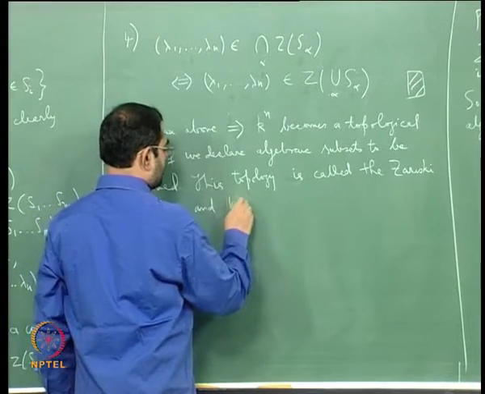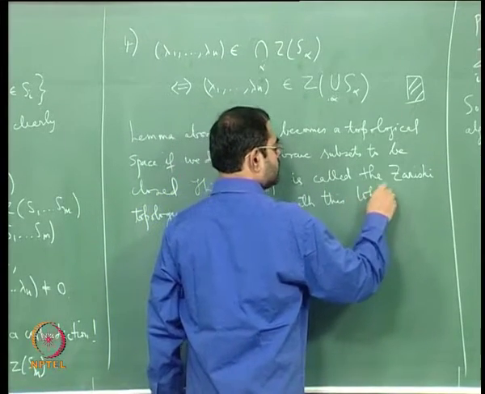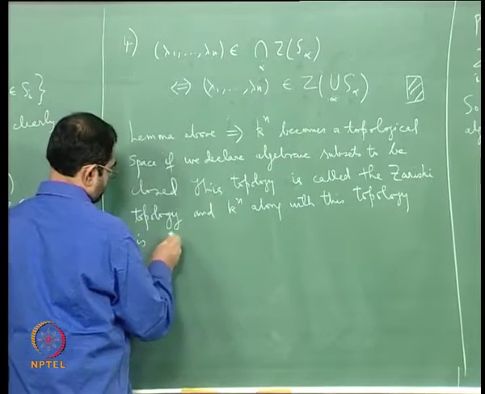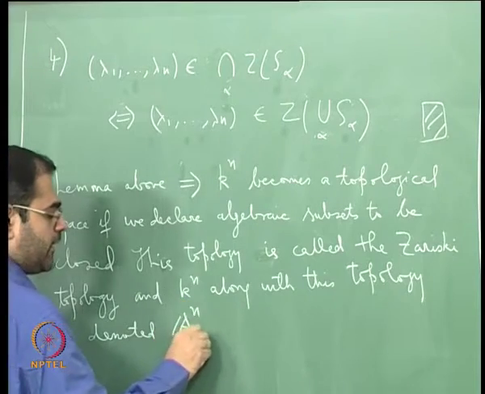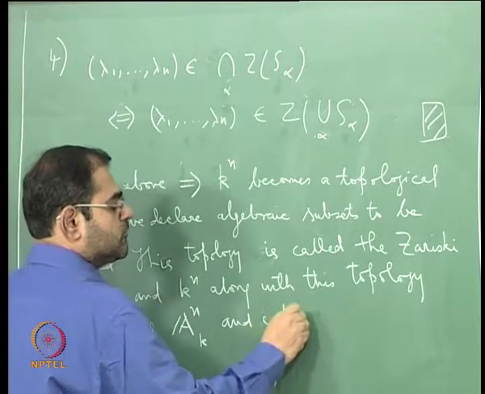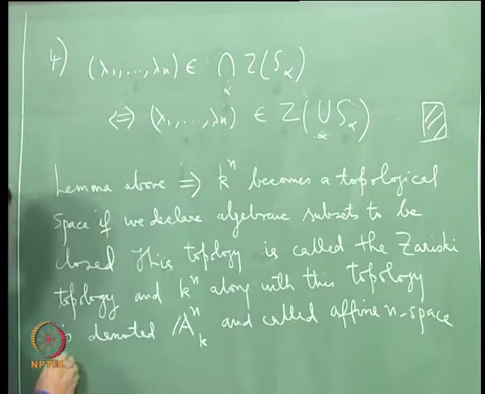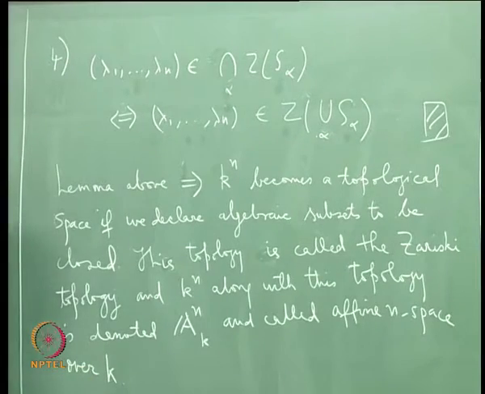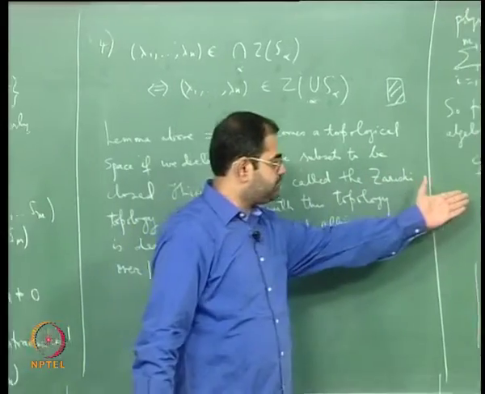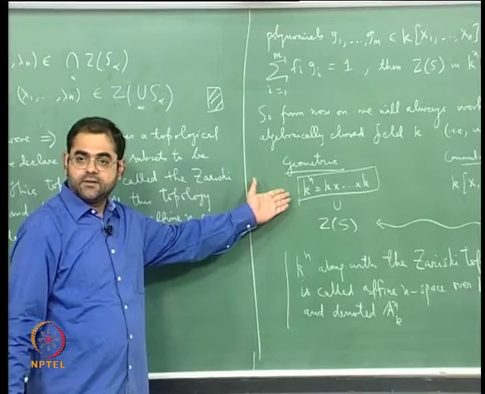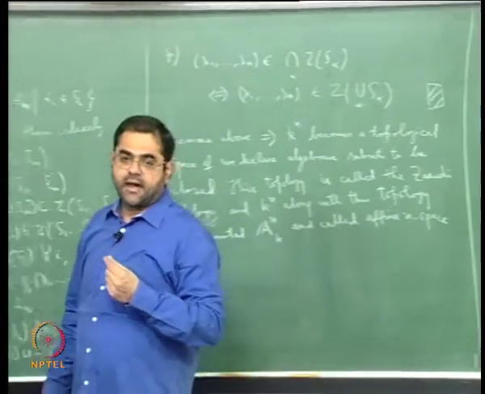And Kn along with this topology is denoted A and K and called affine n space over K. Okay, so you see we stripped off the vector space structure, but then to make it into a different thing we called the affine space, we added the Zariski topology.